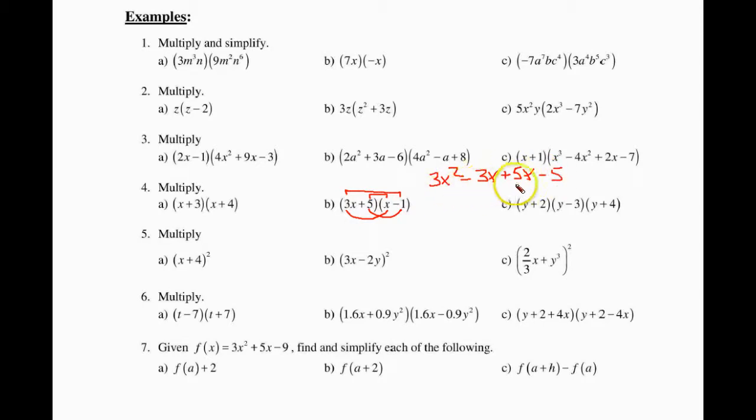Again, usually you end up with like terms in the middle. So this will be 3x squared plus 2x minus 5. Now, after a while, you can almost do this mentally, your inners and outers, and we often will be checking things by doing the FOIL.